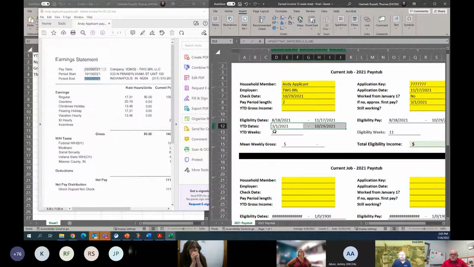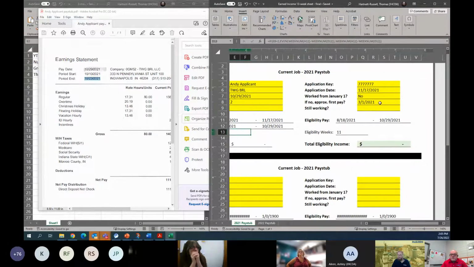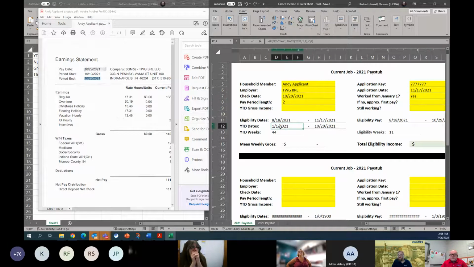And it's now telling us that instead of 44 weeks, it's now 34 weeks that are calculated on this pay stub. For now, let's get rid of that and go back to the yes. Brings it back to January 1st as the beginning of the year-to-date dates and 44 weeks on the pay stub.